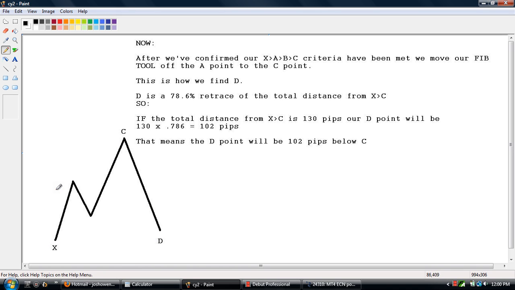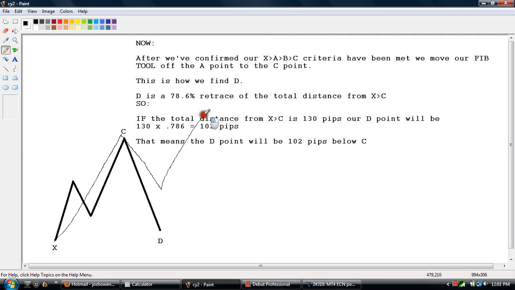And when I say a retrace, or you hear a retrace, or you think about a retrace, you need to think about where price is coming from. What distance are you measuring? And if you're measuring how price moved from X to C, which is a low to high, the retrace would naturally be back in this direction, okay?